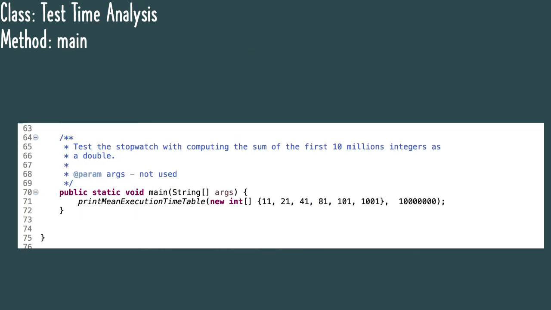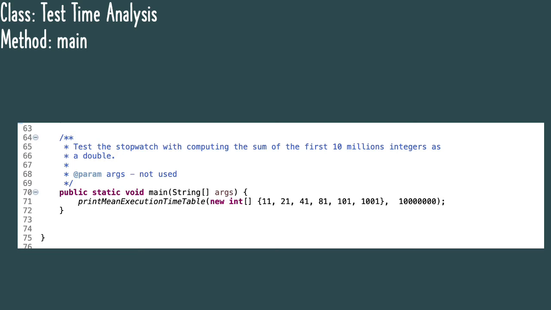Now let's run, and we'll use as execution times: in the first sample, we execute the method 11 times. In the next sample, 21.